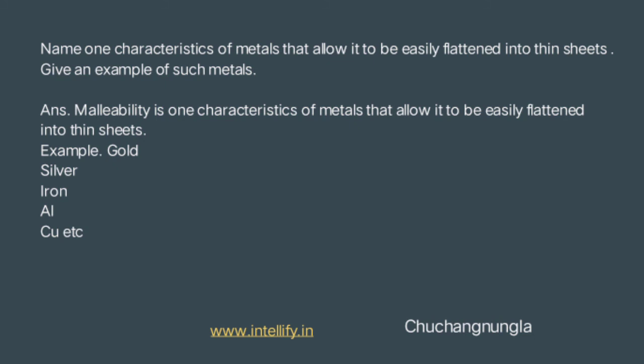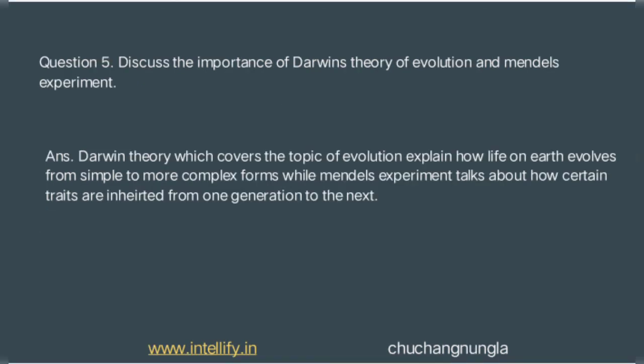Malleability is a physical property of metals that defines their ability to be hammered, pressed, or rolled into thin sheets without breaking. In other words, it is the property of a metal to deform under compression and take on a new shape. Examples would be gold, silver, iron, aluminium, copper, tin, etc.